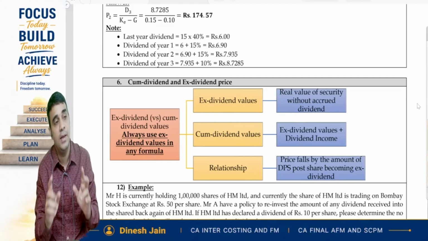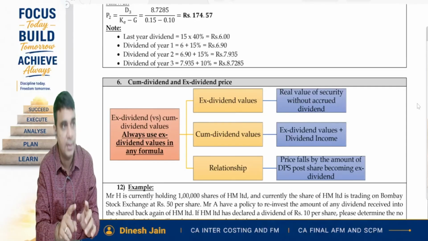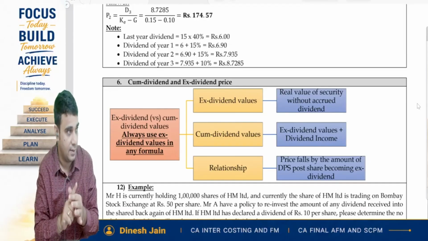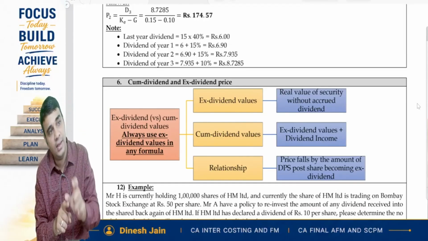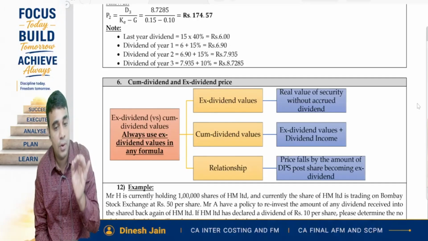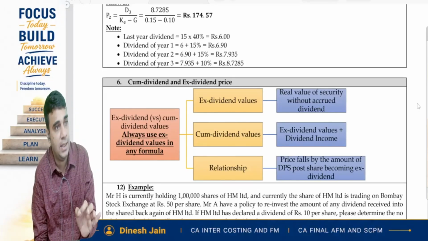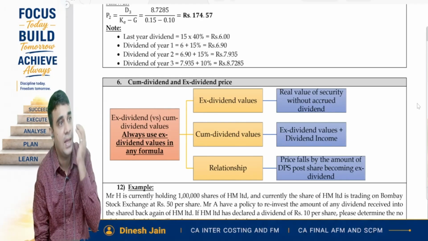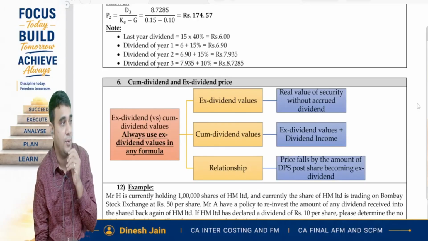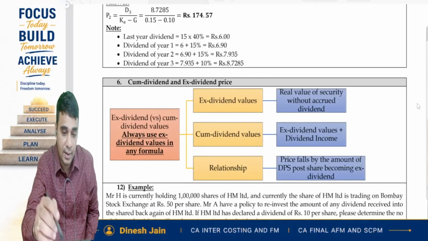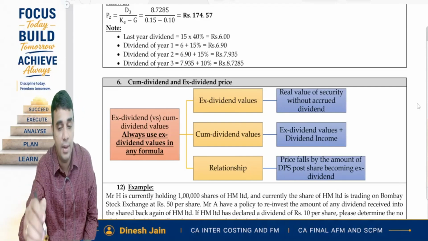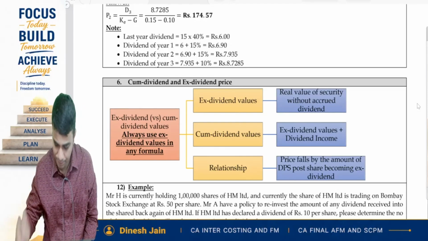The reason is very simple. If you buy on December 31, you get the property as well as the rental income. If you buy it on January 1, you get only the property. So if you get the property as well as the income, that is called cum dividend value, cum interest value, cum rent value.